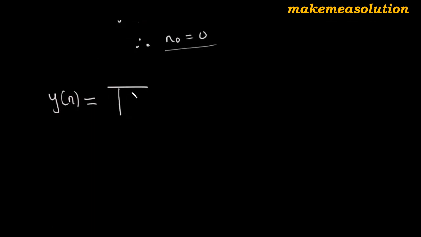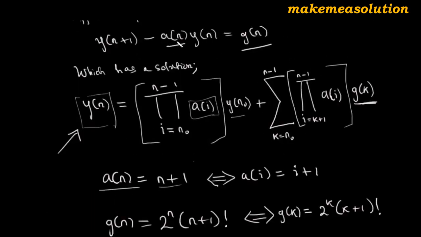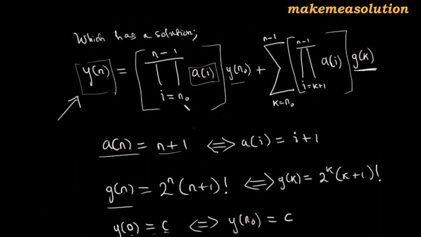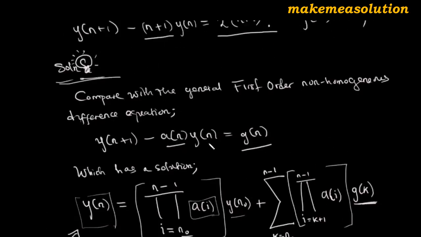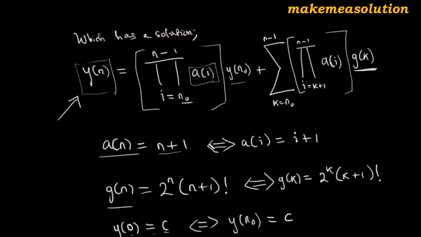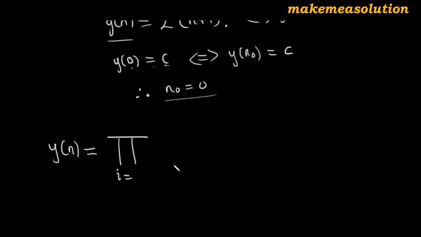We have the product operator I equal to n naught. We have already resolved our n naught from the initial condition to be 0. If you are very attentive, you will still remember how we did that. Our n naught is 0, then we have n minus 1, then we have our a of I, which is I plus 1.